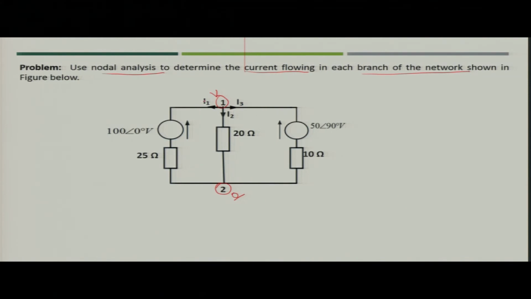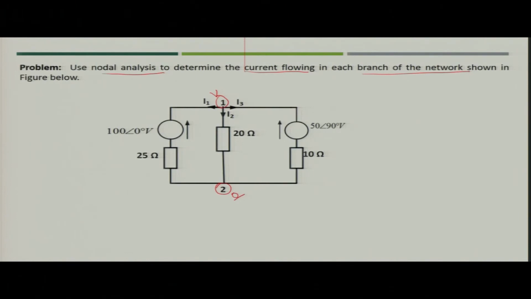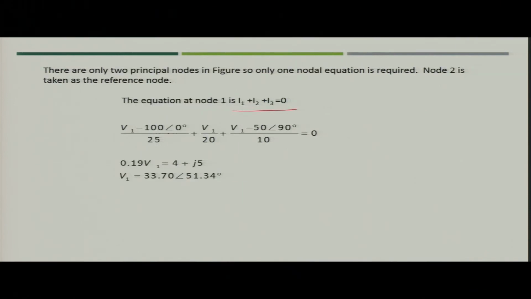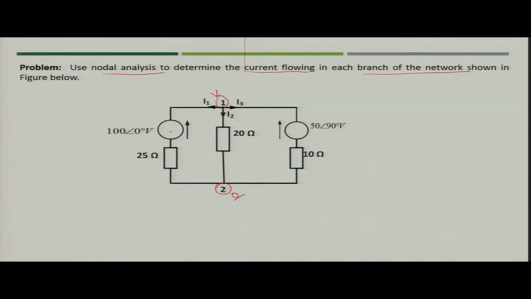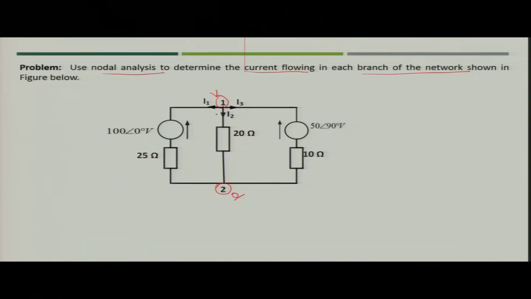So, you can simply write I1 plus I2 plus I3 equal to 0. Now, you have to put the value of I1, I2 and I3. What is I1? I1 would be V1 minus 100 angle 0 divided by the 25 ohm resistance. So, you got the value for I1. Similarly, what is I2?